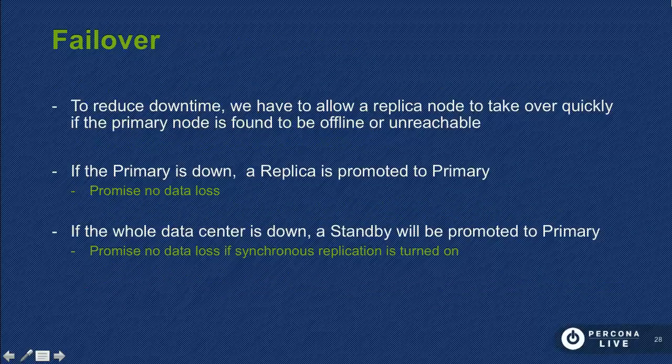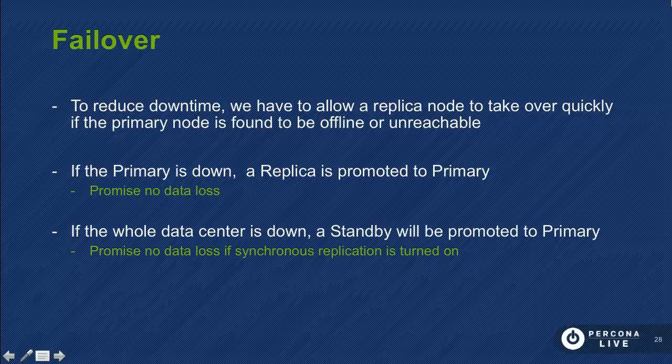Okay, failover. Exceptions always happen, but we always think of ways to reduce the downtime. We have to allow a replica node to take over quickly if the primary node is found to be offline or unreachable.